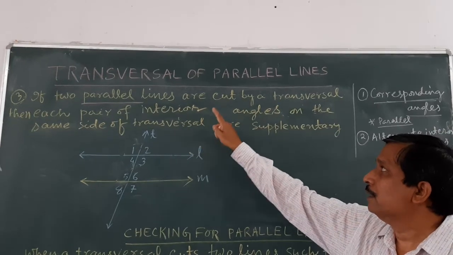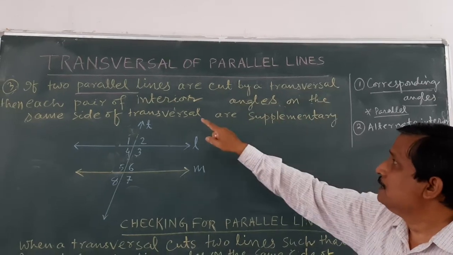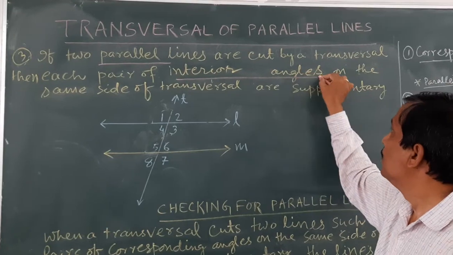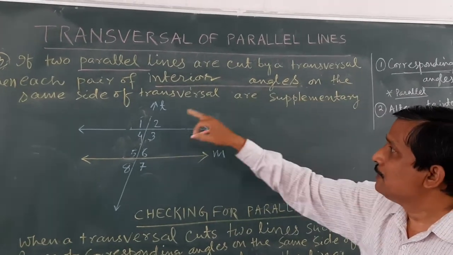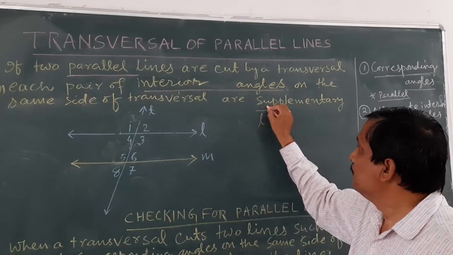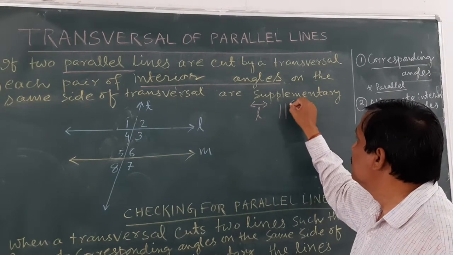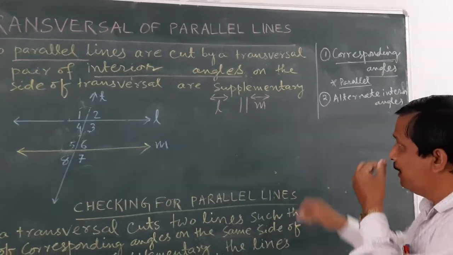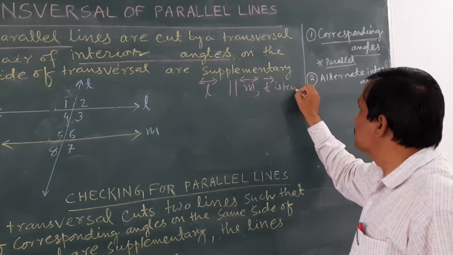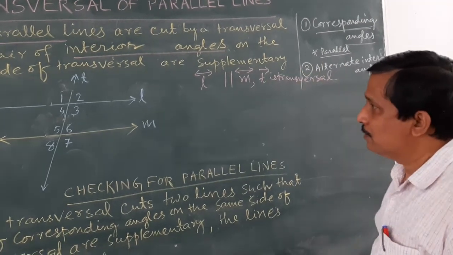If two parallel lines are cut by a transversal, then each pair of interior angles on the same side of the transversal are supplementary. You see here, line L is parallel to line M, and T is the transversal line.